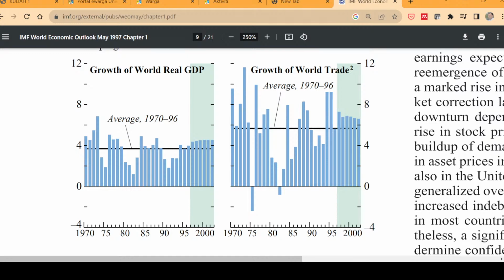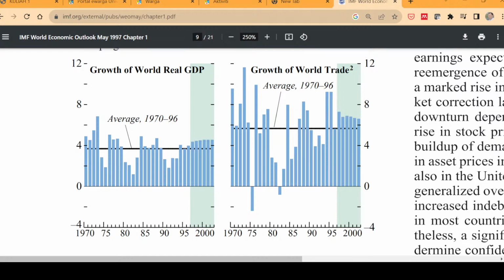So the fluctuation up and down, up and down is bigger with world trade compared with the world economy. Look at the world economy, it is not even 8%. It goes down this much only, not that much big up and down as with world trade.